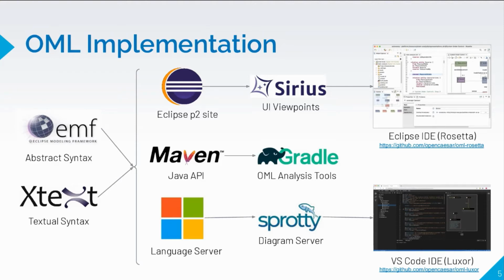We also publish a language server for OML, which allows it to work in any IDE that supports language servers. And we use other technologies like Sprotty to create diagrams quickly in any IDE. It becomes a diagram server.